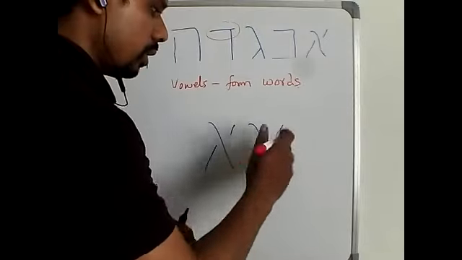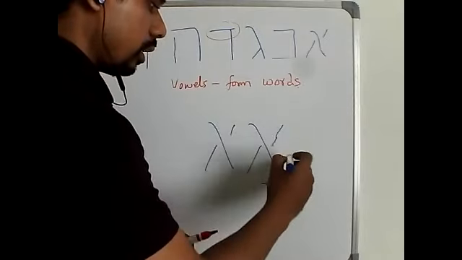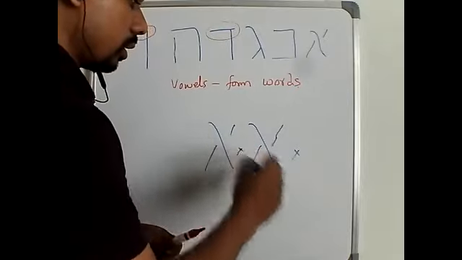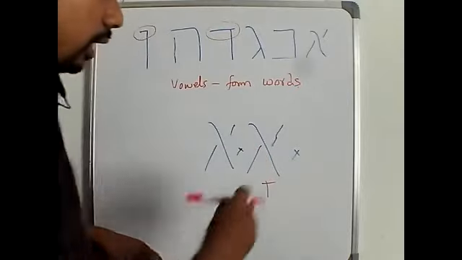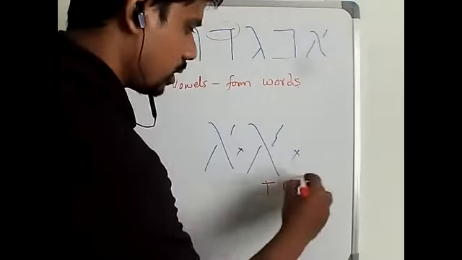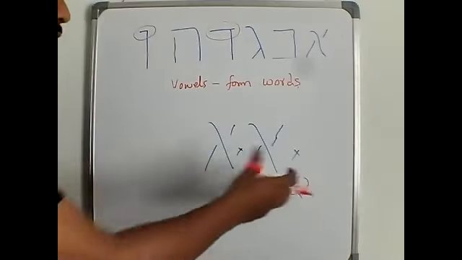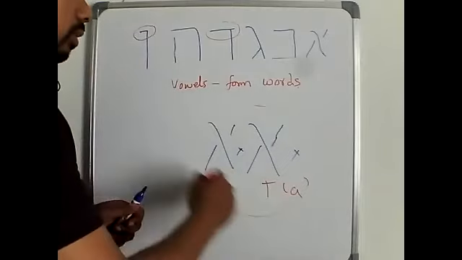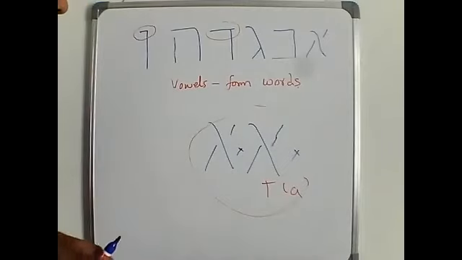That means there is no sound for Aleph, so we'll put a small X mark. But the T has a sound, an A sound. Now, how can we read this word?